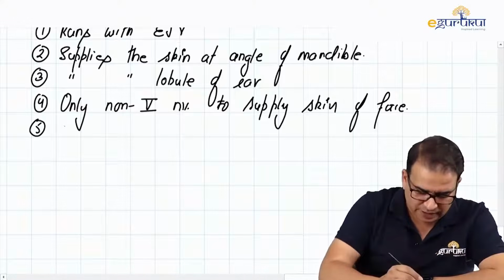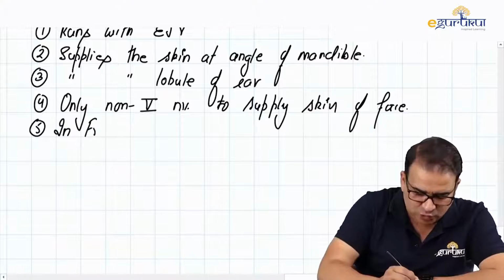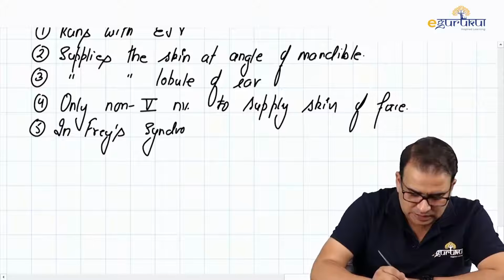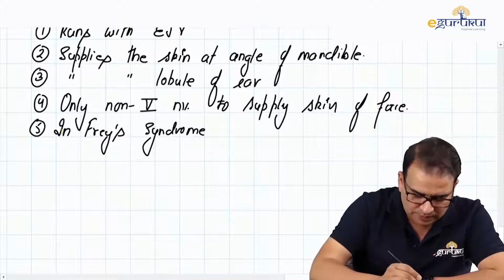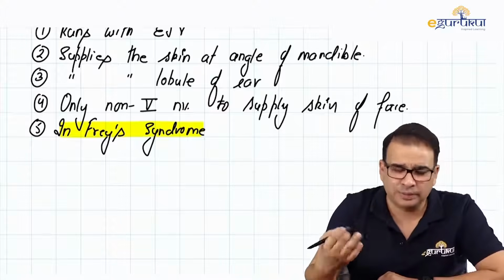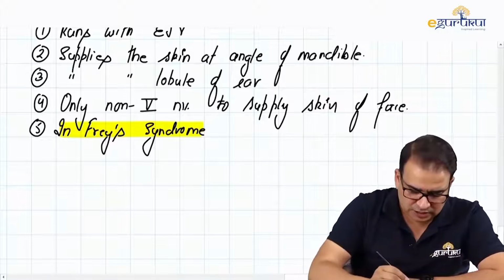And number five, as we said, in Frey's syndrome, we all know what it is: there is an injury to the auriculotemporal nerve during parotid surgery.